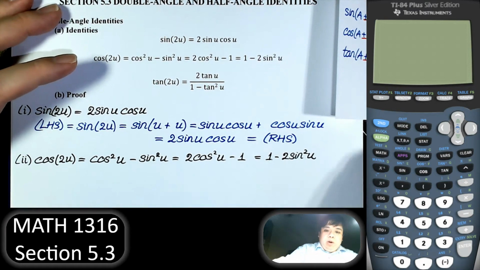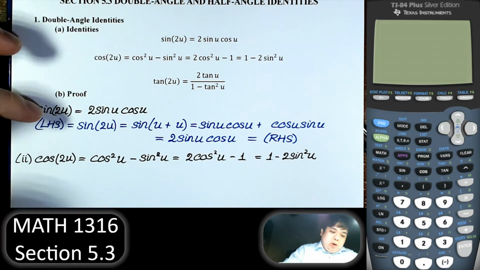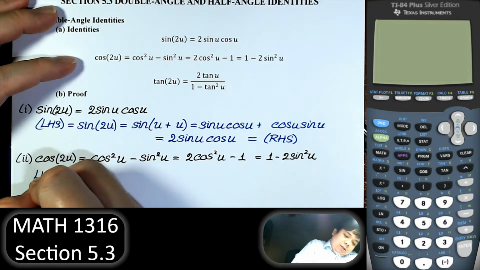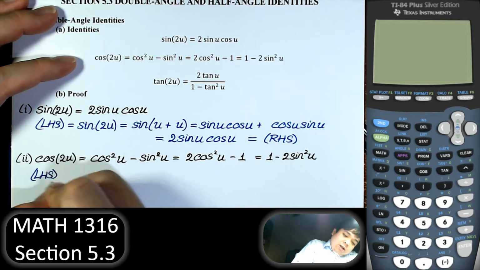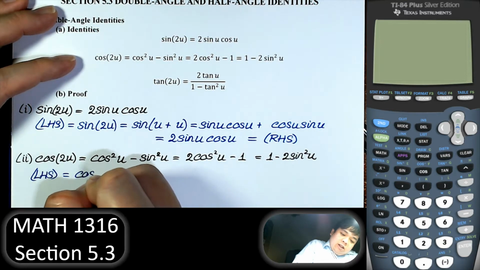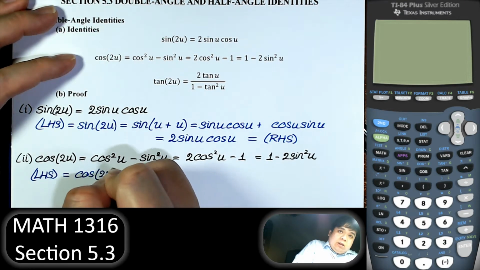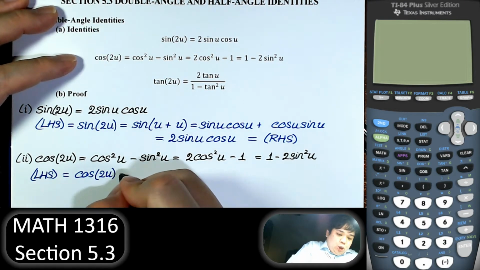Right, we're going to prove that. So first we do the same thing. Start from the left hand side, and then 2u is u plus u.